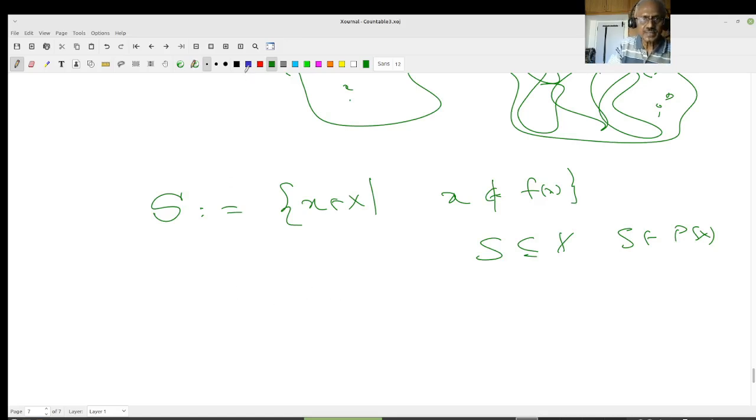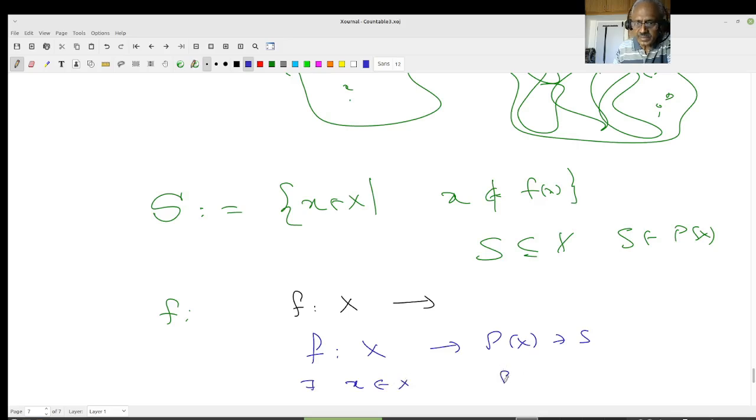You understand that? So the question I want to ask is, since f from X to P(X) is onto and S is an element of P(X), there exists an x in capital X such that f(x) equals S. Do you understand this?